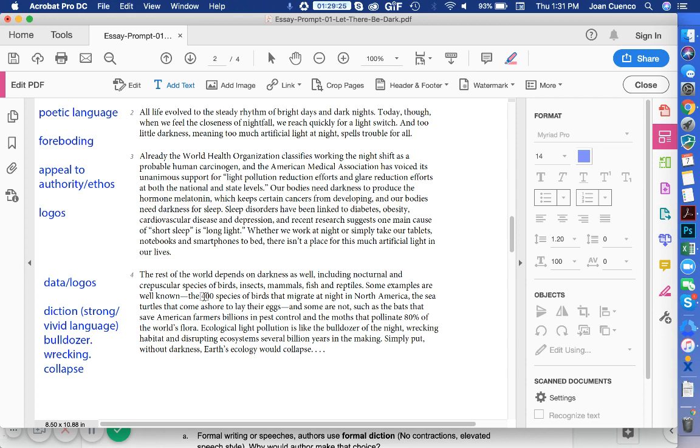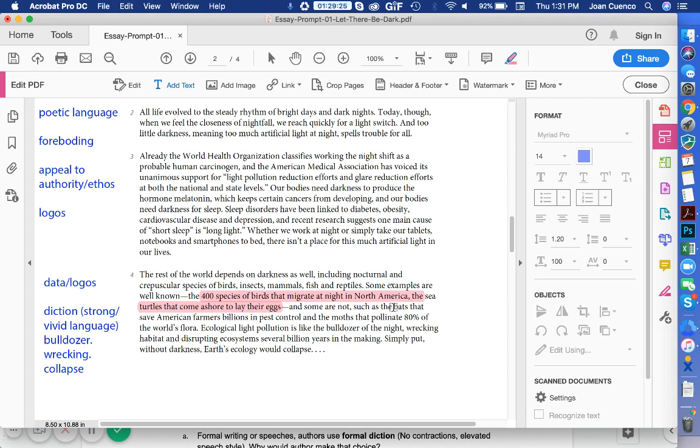Let's go back to paragraph 4. I also just wanted to point out that the author does use statistics in this paragraph. Here are 400 species of birds that migrate at night in North America. And this also is true.